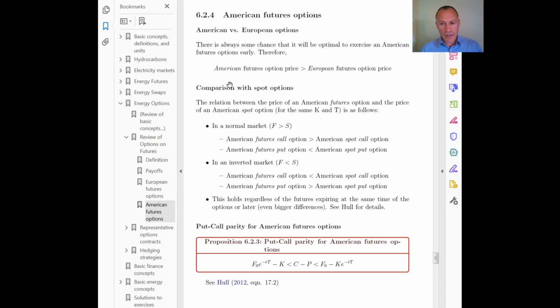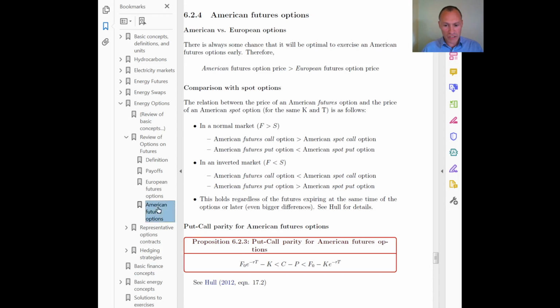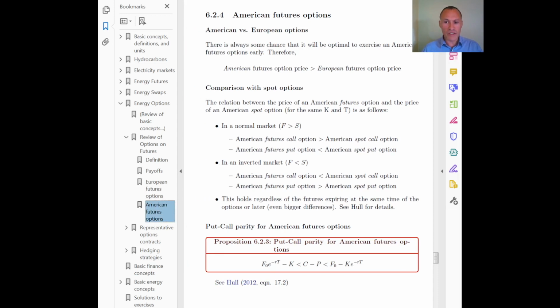But now let's compare. Now within American options only, let's compare again futures options with spot options. With the previous kind, the European version, we concluded that a spot option and the futures option were the same. Now in this more complicated version, the American option, it's no longer that simple relation between the futures and the spot option.